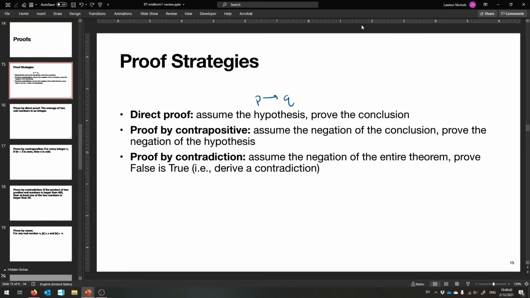That's direct proof. Proof by contrapositive is also a form of direct proof, because what you do is assume the negation of the conclusion. So again, you're trying to prove P implies Q, something of that form. You assume not Q, and then you try and go and prove the negation of the hypothesis, not P. This is just the contrapositive of the original implication, and we know that those are equivalent.